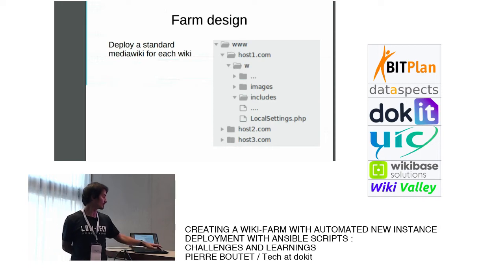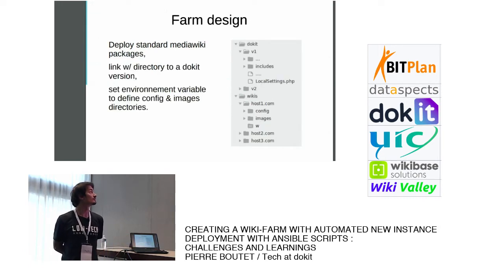So I moved to another design. The principle is to put the dokit package into one directory, where I can put the different versions of my package, which has all the extensions, the MediaWiki files, and default local settings files.